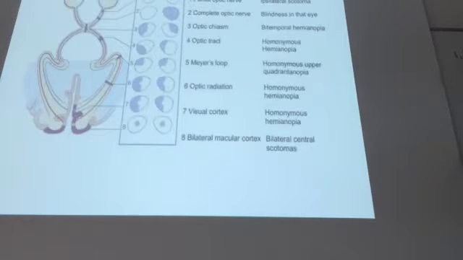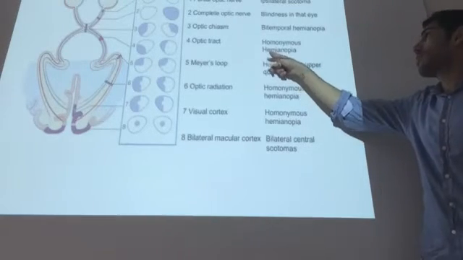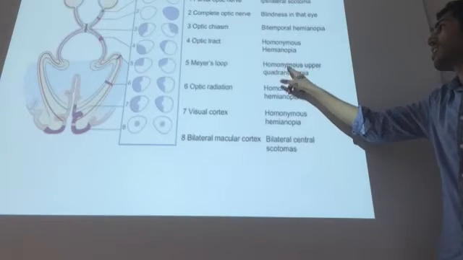Wait, do we need to know the fancy names? Yeah, you should remember the fancy names. You don't need to know how to pronounce them. I still don't know how to pronounce them, but you should know. Hemi means half. Anopia means can't see.